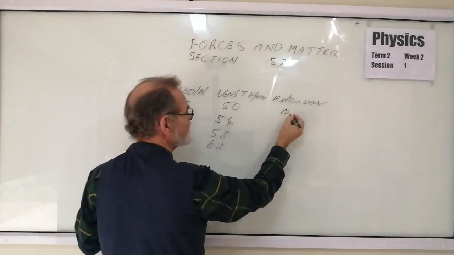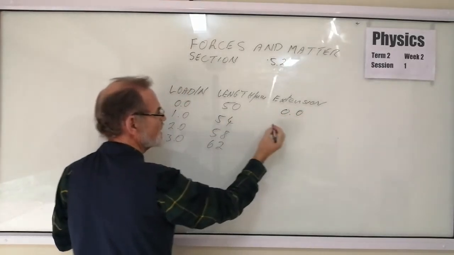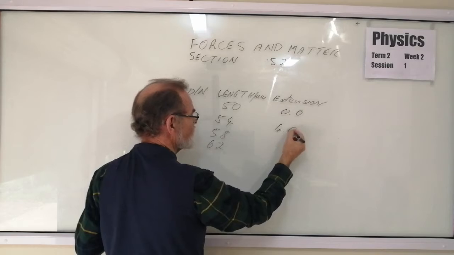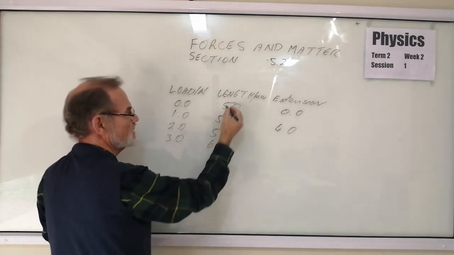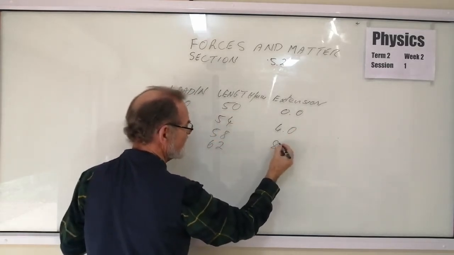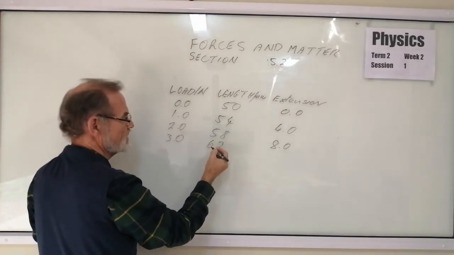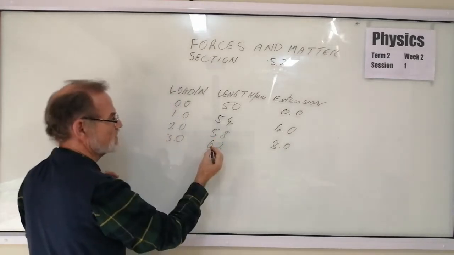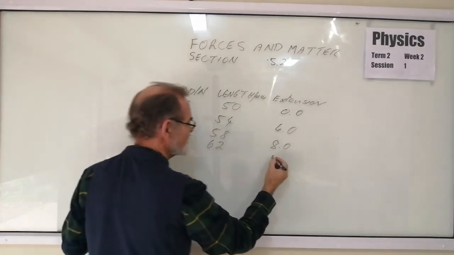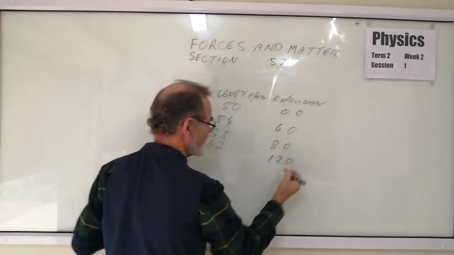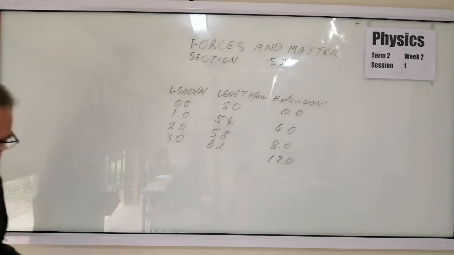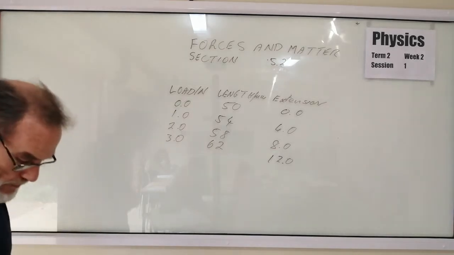This is 0 extension. Here the extension is 4. Here is 58 minus 50 is 8.0. And 62 minus 50 is 12.0. And so you carry on and you complete that table. Okay?